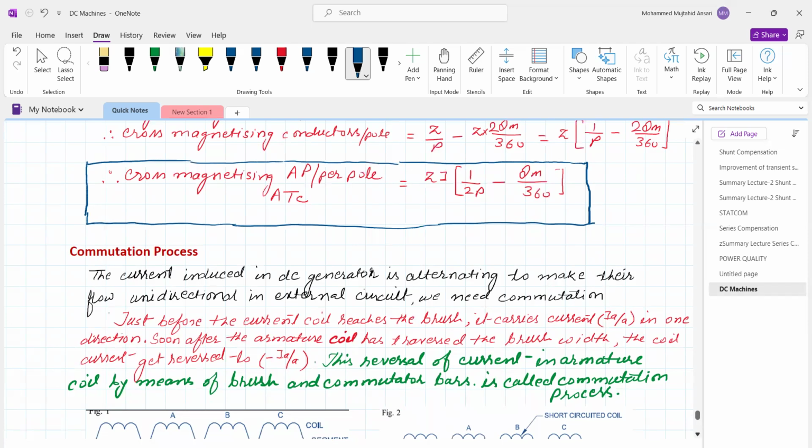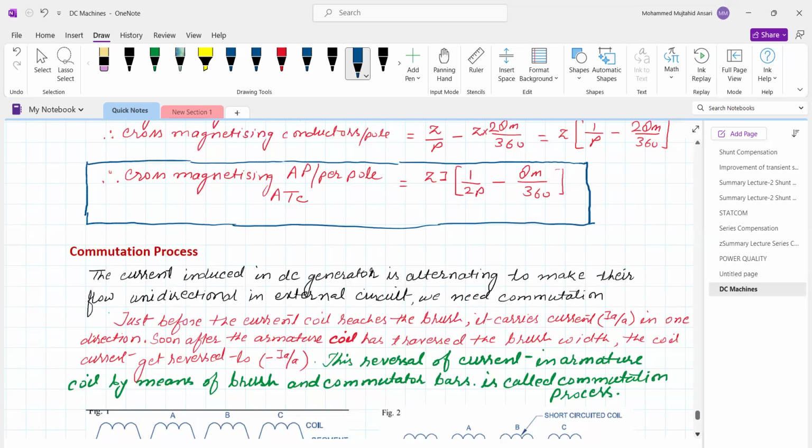Whereas if you want the current in the external circuit to be unidirectional, we use the commutator segments and brushes. With the help of commutator and brushes, it will conduct the current only in every positive half cycle, and therefore the current in the external or load circuit is unidirectional. So the current gets commutated.